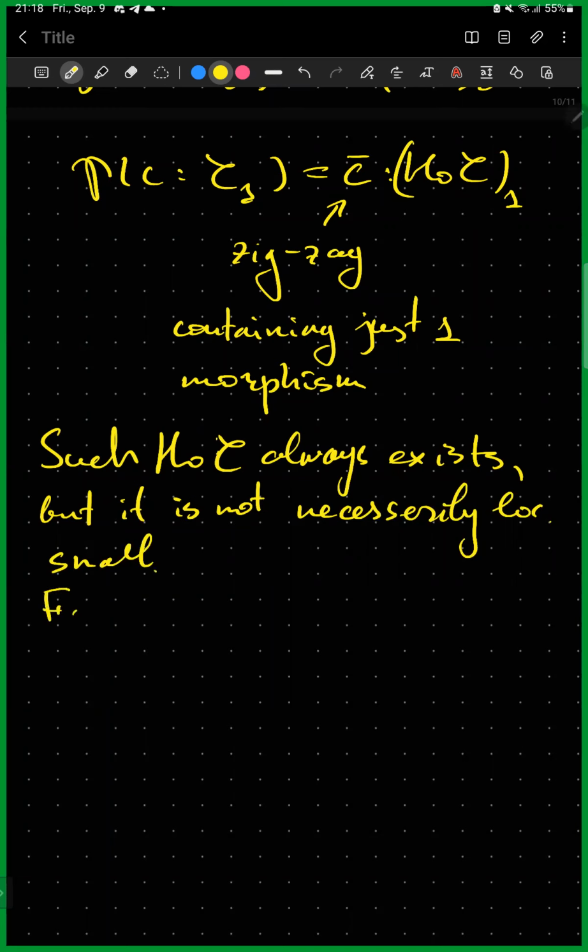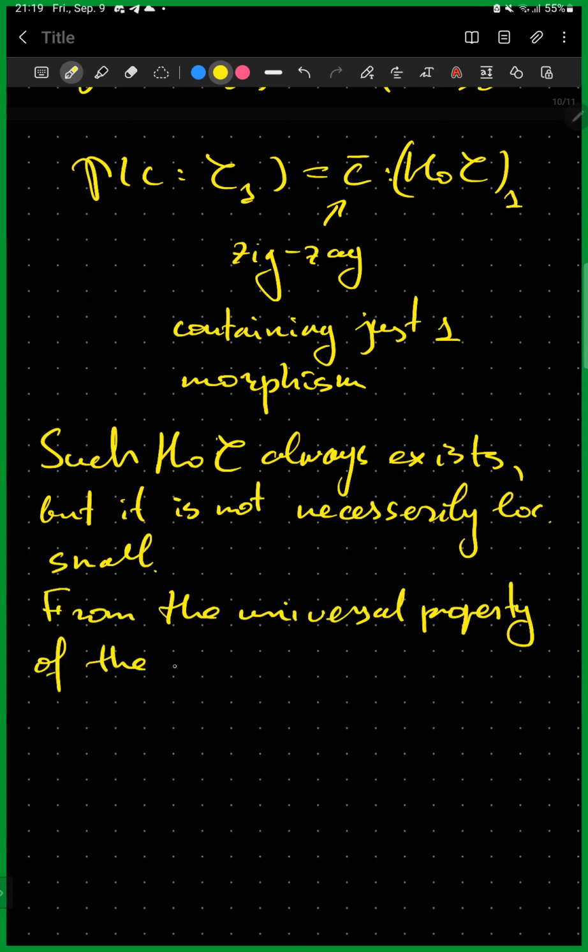From the universal property of localization, we immediately derive the following corollaries. So, first of all, for any homotopical categories C and D, and any homotopical functor f from C to D, there exists a unique descent of this functor to homotopy categories.